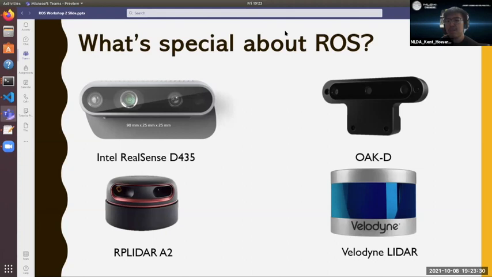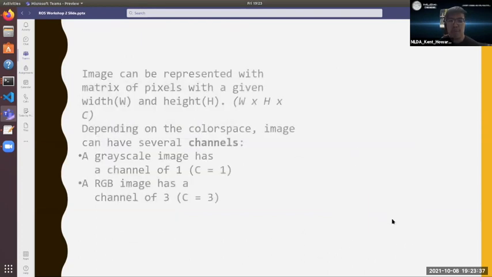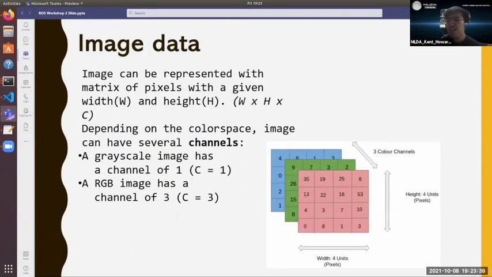Who knows? I don't actually own a lot of these sensors. They are quite expensive. But essentially, all this data boils down to the same type of data. Image data, for example, consists of RGB, 3 channels, which are 3 different matrices of pixel values. One corresponds to the red color, one to the green, and one to the blue. Combining these 3 values, we get our image.